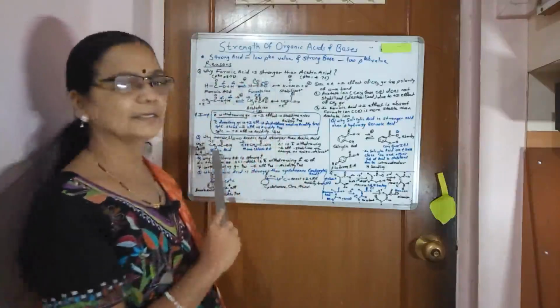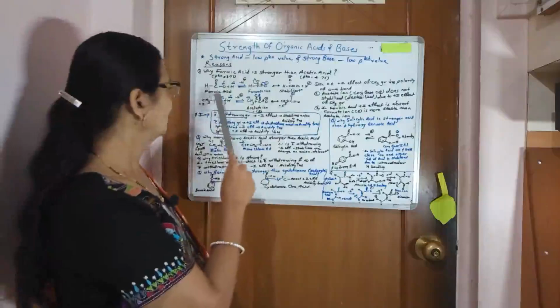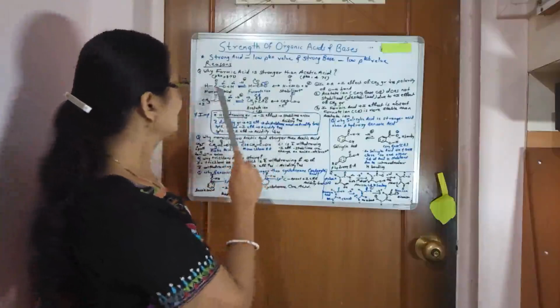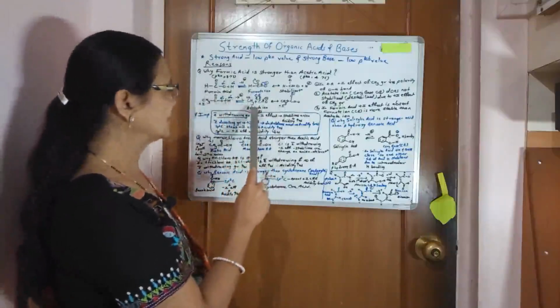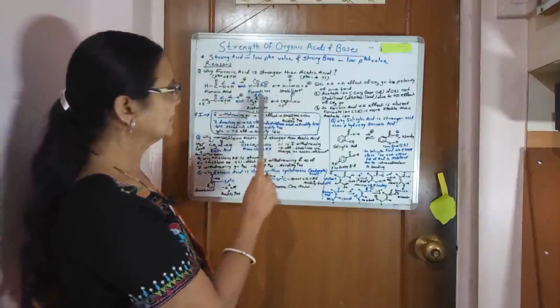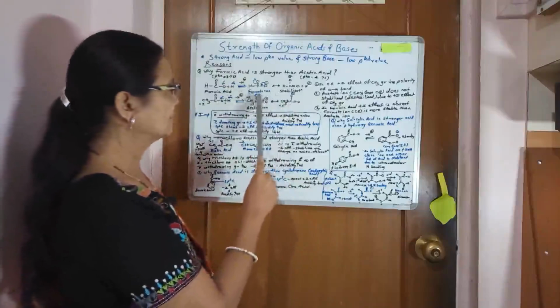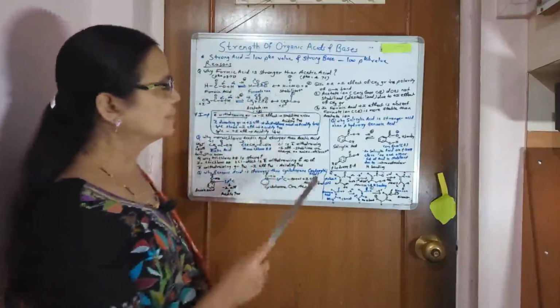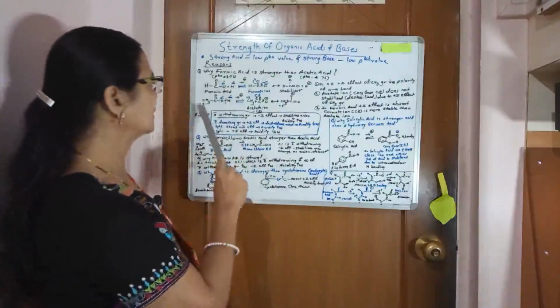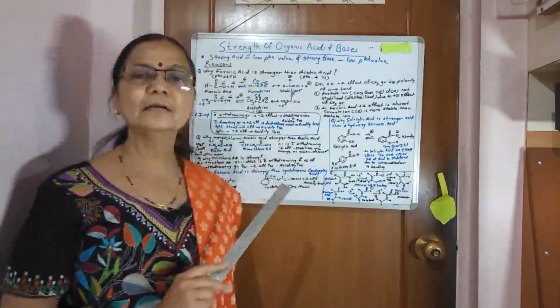In acetic acid, the OH bond breaks and it gives the acetate ion. But what is the basic difference between formic and acetic acid? In formic acid there is a hydrogen and in acetic acid there is a methyl group.